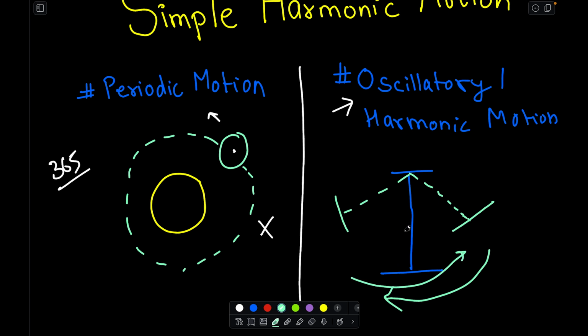So this right here is our oscillatory motion, because a body is moving from one fixed point to another fixed point, to and fro, right? So that right there is oscillatory motion.